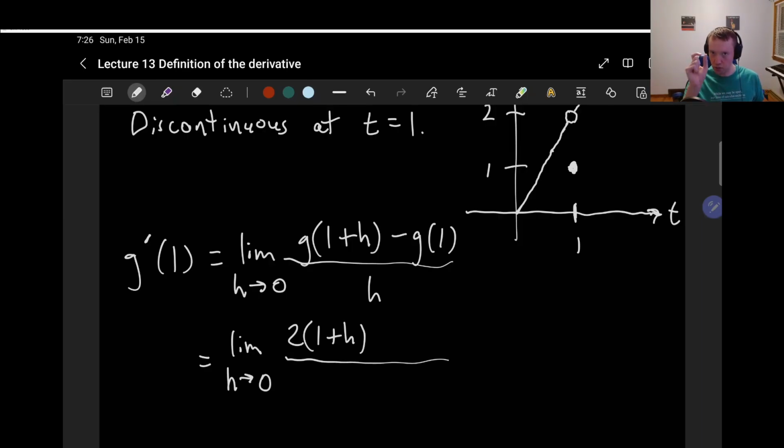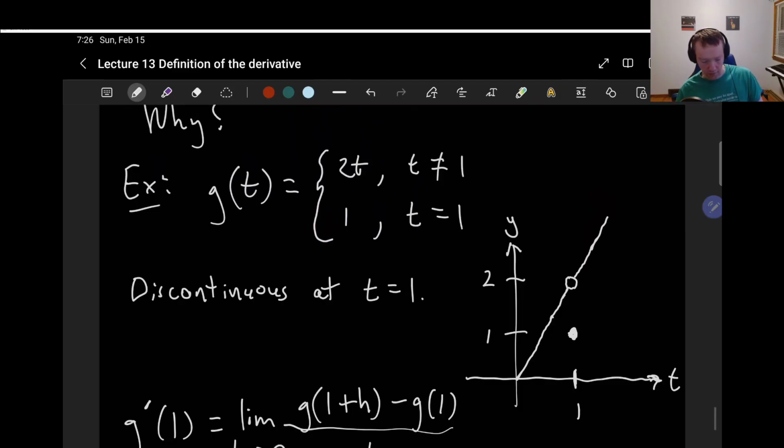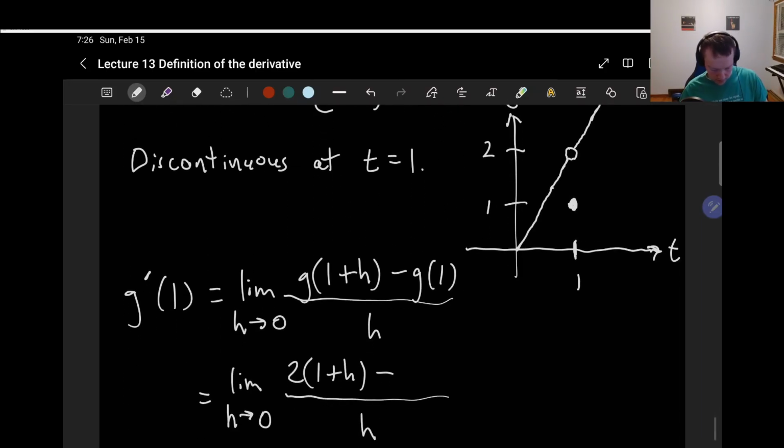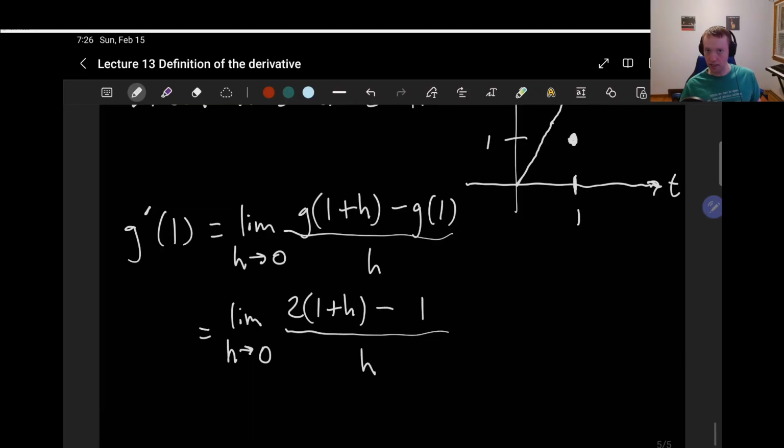So I'm using that 2t formula. And this is over h. Now what's g of 1? Well, for g of 1, we're literally plugging in 1 for t, so we have to use this. So we use the 1 instead of the 2t formula.